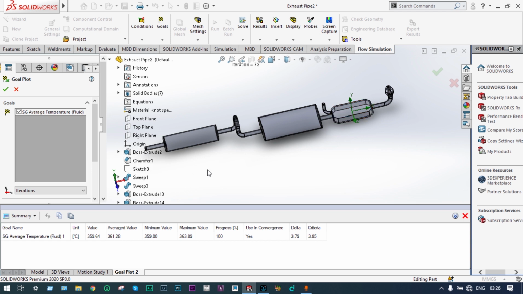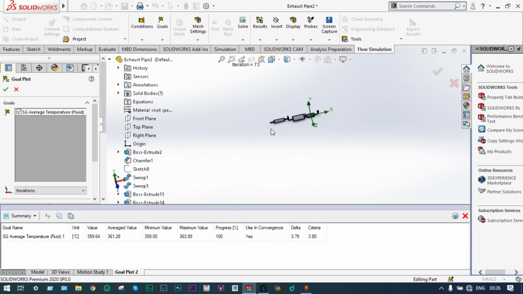Initial temperature of exhaust gas was 700 degrees centigrade, and by the application of these perforated tubes, or you can say the porous material, it has been reduced by almost 50%. From 700 degrees to 359 degrees centigrade at the exit location, right?